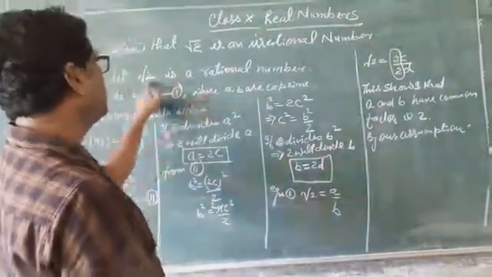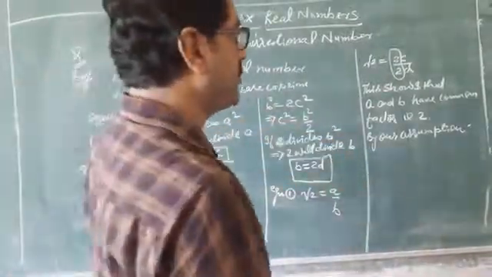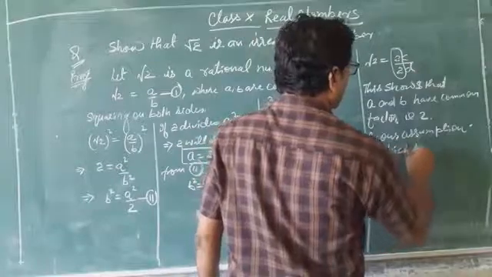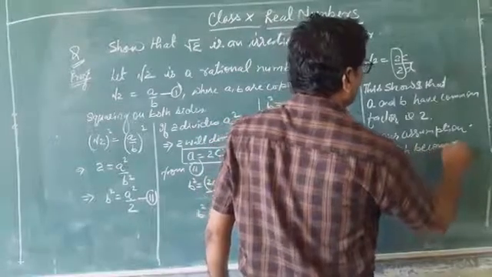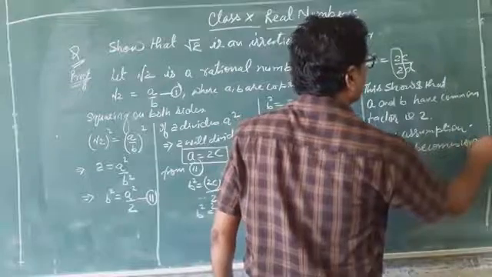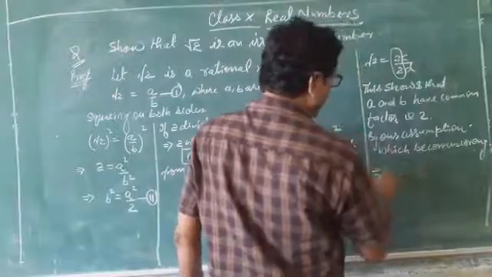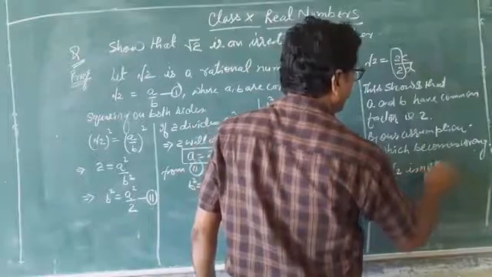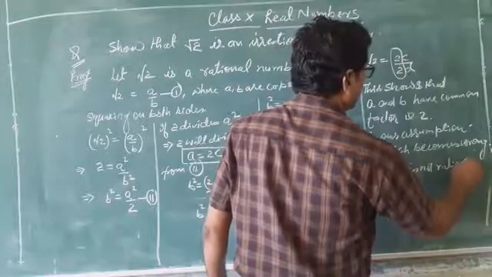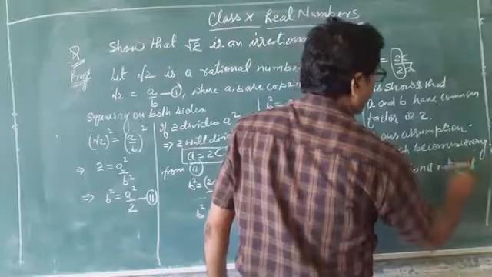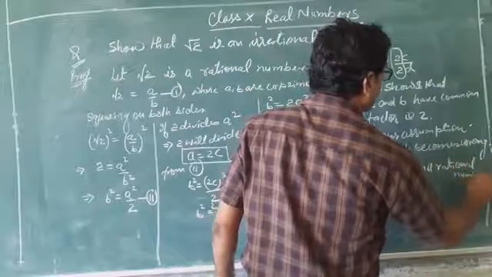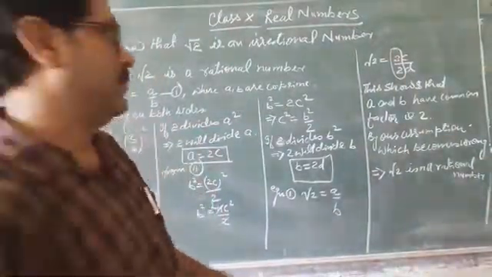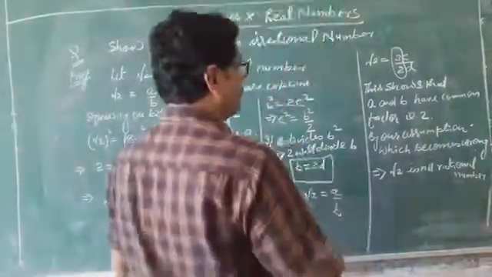We assumed that root 2 is a rational number, but that assumption is wrong, so root 2 is not a rational number. A number which is not rational is an irrational number.